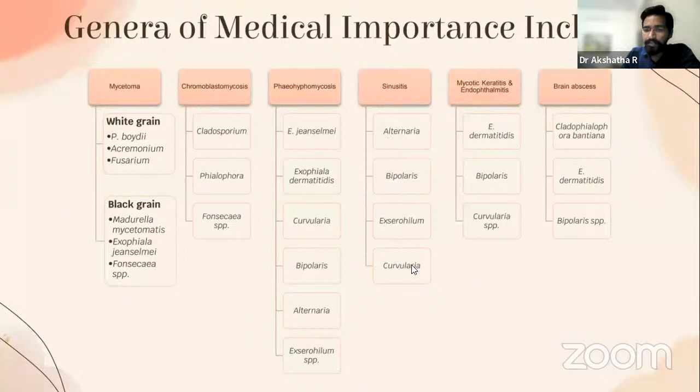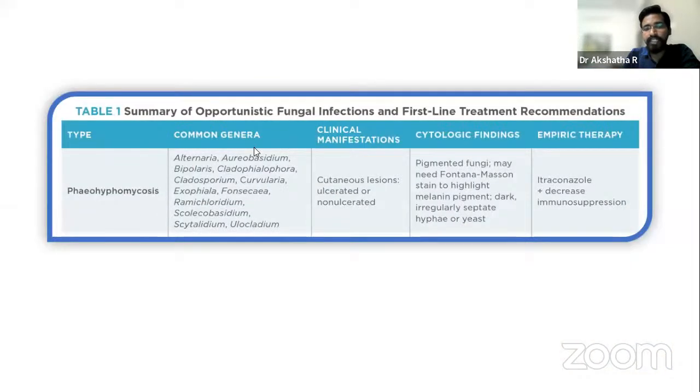Sinusitis involves the same organisms: Alternaria, Bipolaris and Curvularia. Mycotic keratitis also has the possibility of Alternaria, Bipolaris and Curvularia, and keratitis can also be caused by Fusarium and Aspergillus. Brain abscess is now showing a rising trend everywhere. In phaeohyphomycosis, according to our cases, multiple spectra are possible, even cutaneous and subcutaneous infections, brain abscess, and even endocarditis.